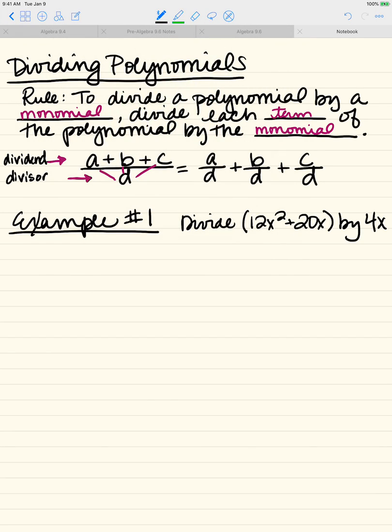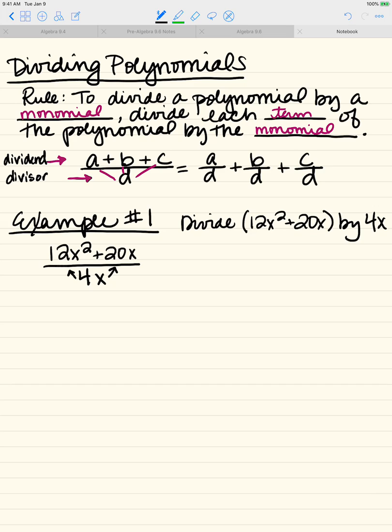Example number 1. Divide 12x squared plus 20x by 4x. 12x squared plus 20x over 4x. We have our dividend on the top and our divisor on the bottom. Make sure you divide each term on the top by the monomial on the bottom.